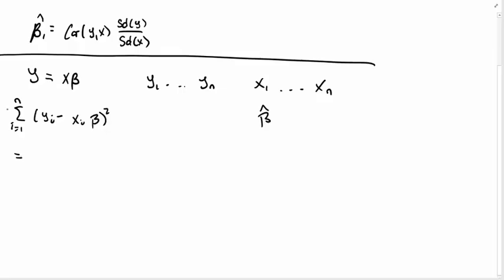So this equation here is equal to the summation i equal 1 to n of yi minus xi beta hat plus xi beta hat, simply because I've just added 0, minus xi beta squared. All I've done is add 0.